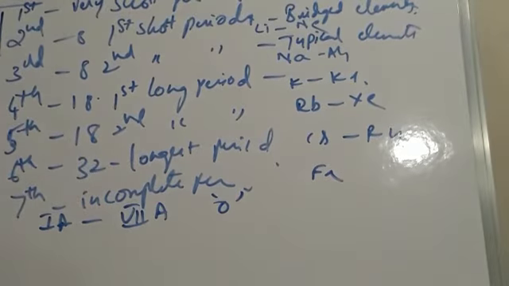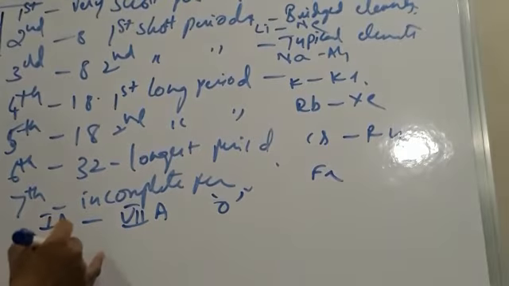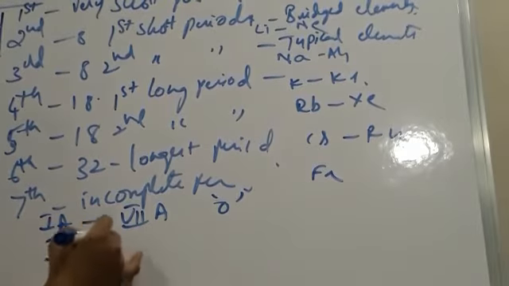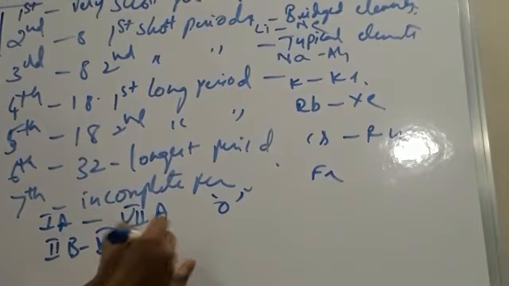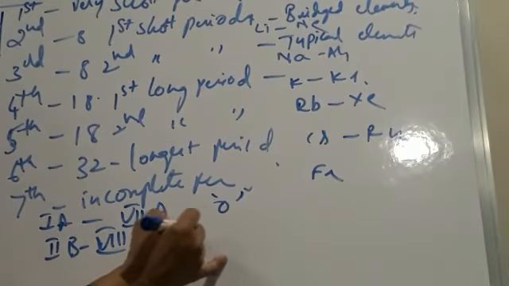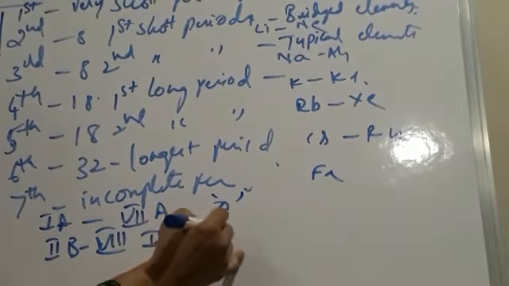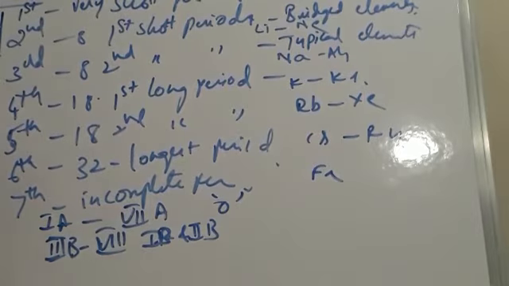Next, second B to 8th, first B and second B. Third B to 8th, first B and second B. So all these are B group elements.